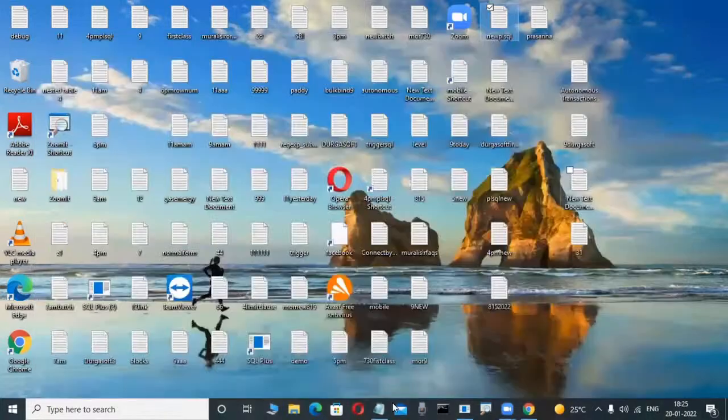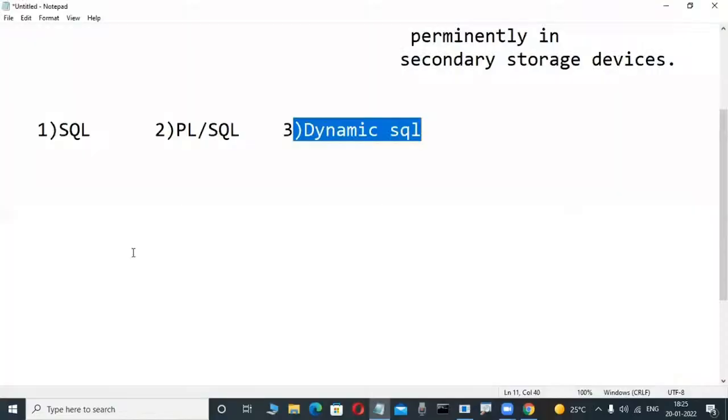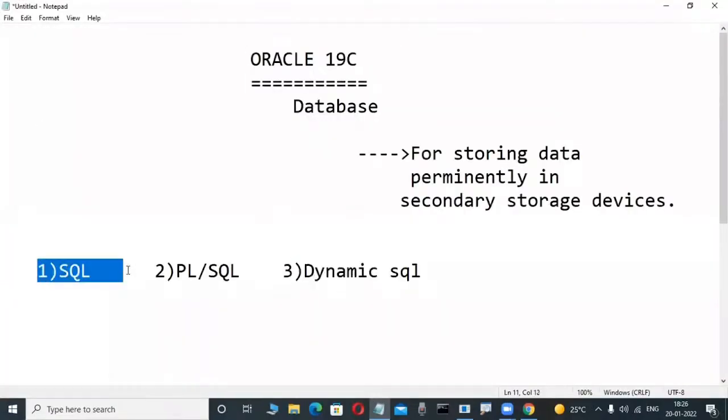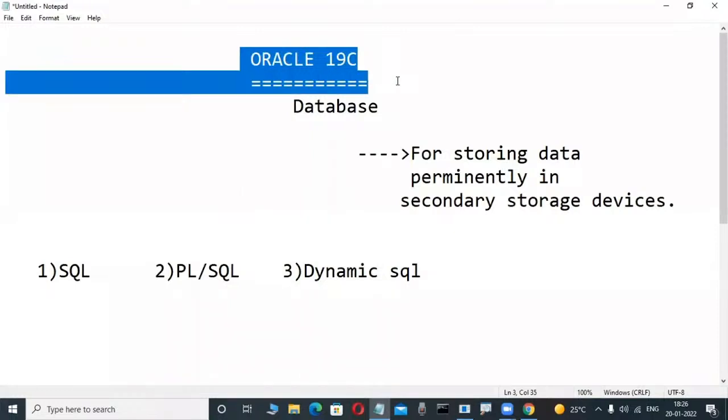So much syllabus is there. Don't worry. That's why we learn the SQL language first. After that, when you have some knowledge, then you learn about PL/SQL. Through these two languages, we are operating this Oracle software.